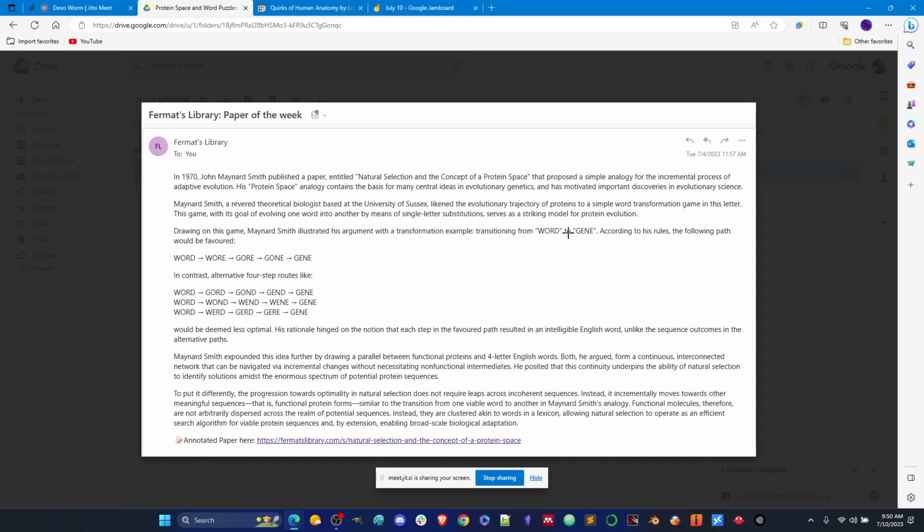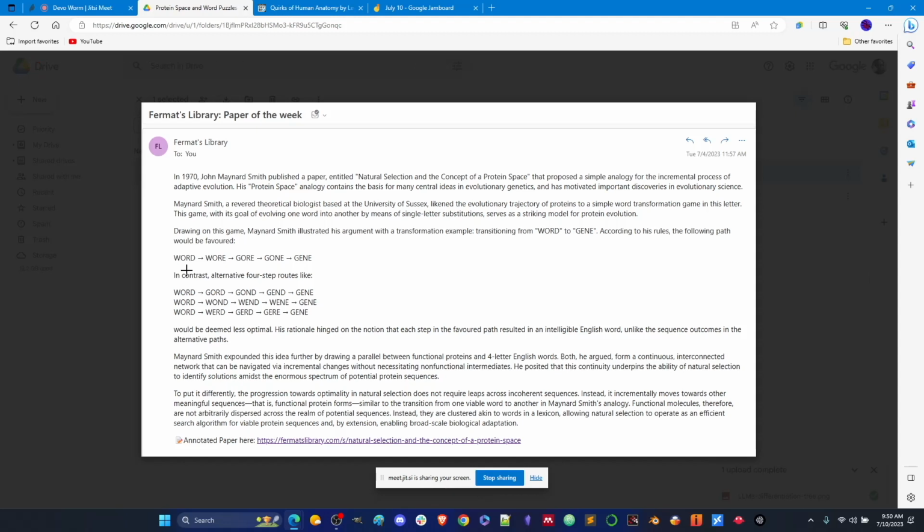So usually what that means is that you can build a transformation path from one word to another by mutating one letter and then maybe mutating another letter. And it's a little bit artificial because you're doing this consciously to hit words with known meaning. So an example would be word to wore.